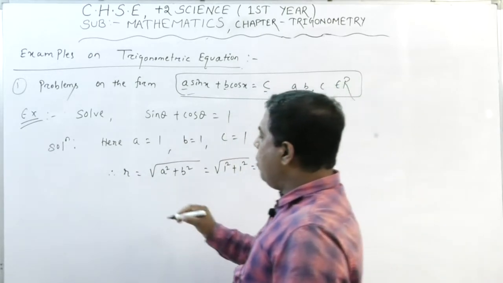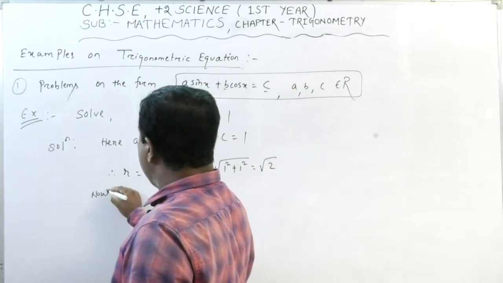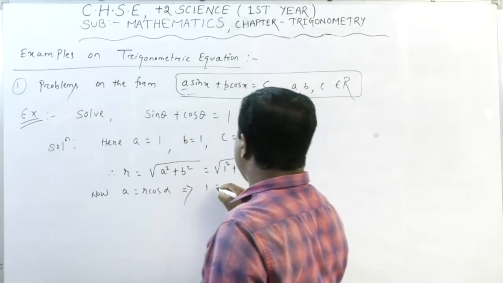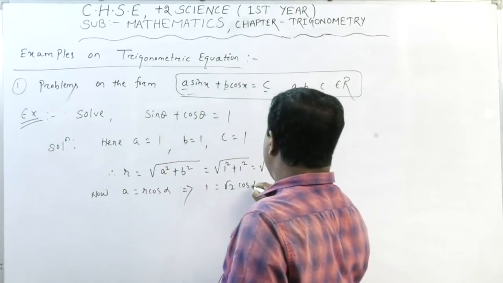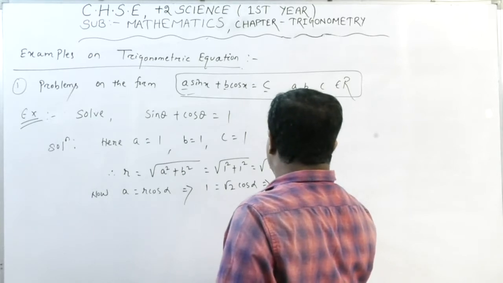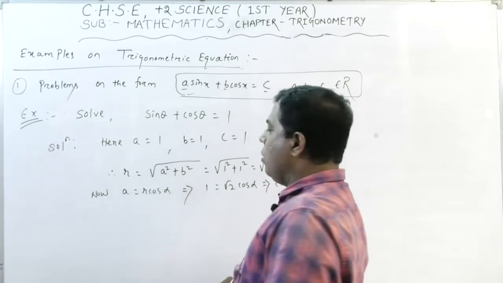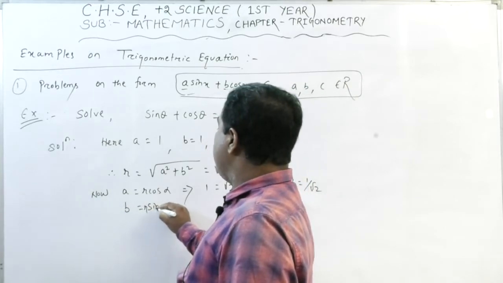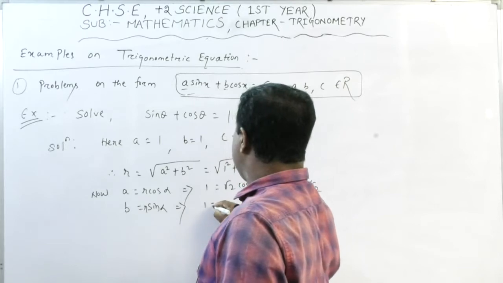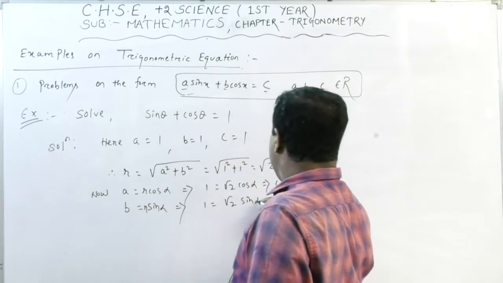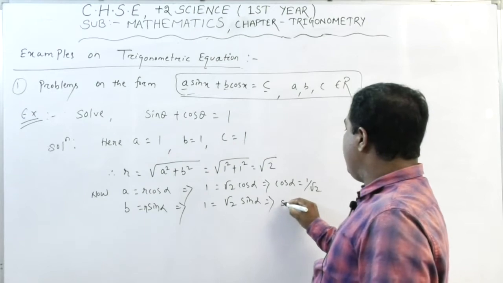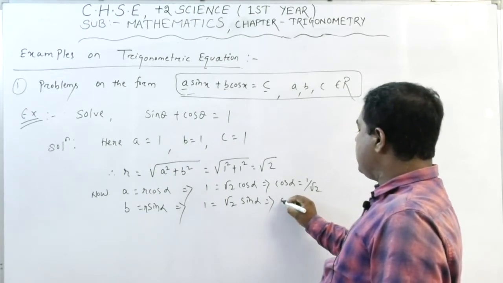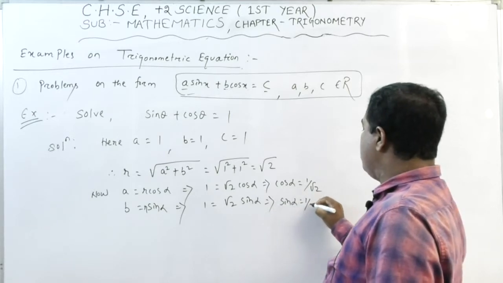Now a equal to r cos alpha, that implies 1 equals root 2 cos alpha, or cos alpha equals 1 on root 2. And b equal to r sin alpha, so 1 equals root 2 sin alpha, or sin alpha is also 1 on root 2.